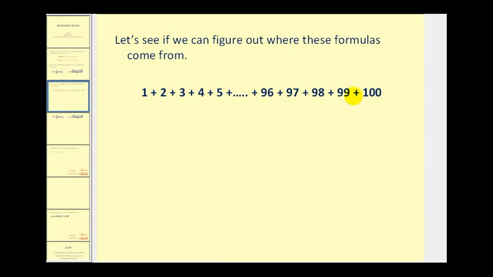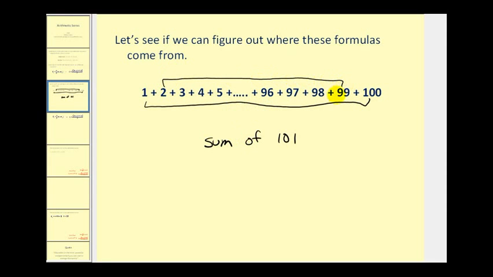If we start pairing these up, we're going to notice a pattern. What I mean by that is if we take the first term and add it to the last term, that has a sum of 101. And if we take the second term and add it to the second to the last term, we'll also have a sum of 101. And this pattern continues, so we could continue pairing these up to have sums of 101.